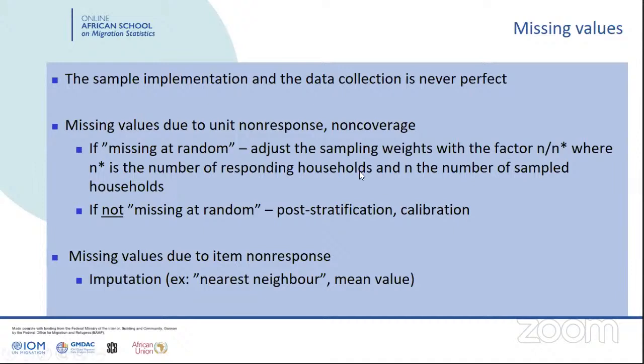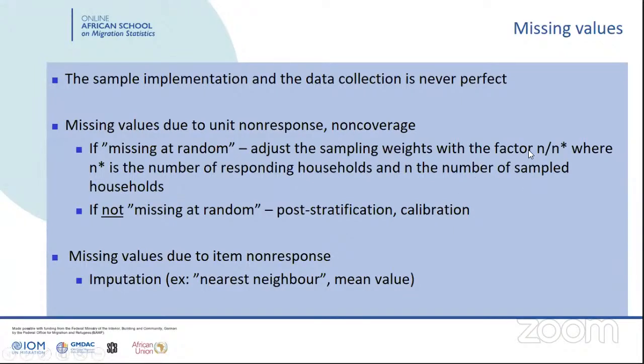If we are missing values at random, due to non-response and non-coverage, for example, if we can say there is no difference between responding and non-responding households, then we can just adjust the sampling weights with a factor like this.